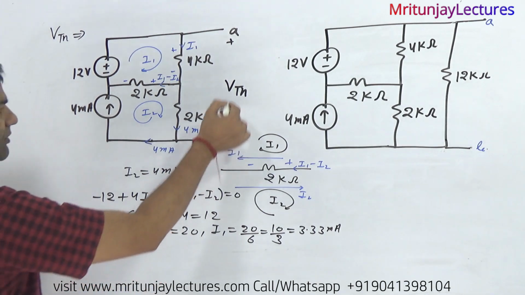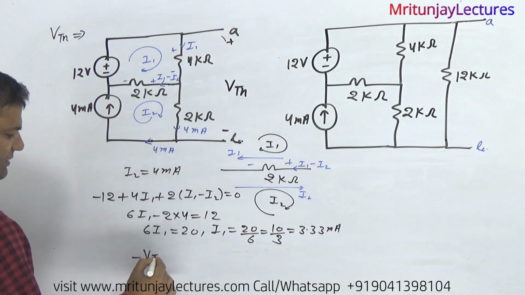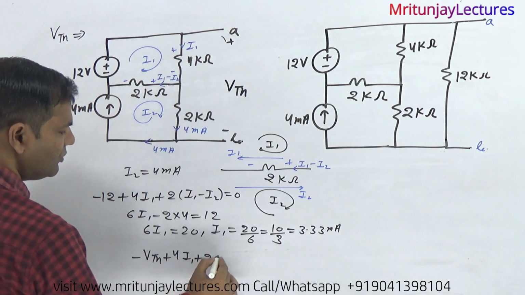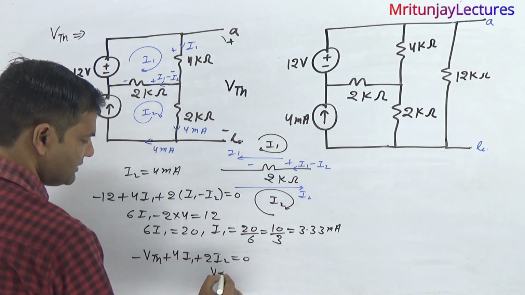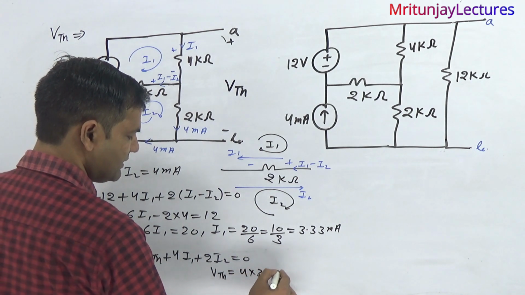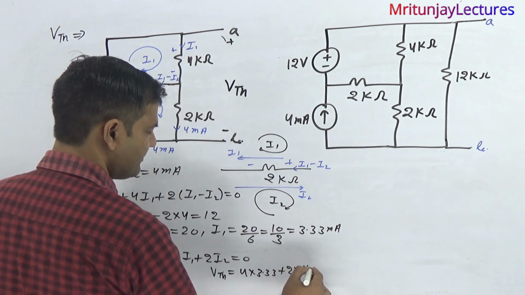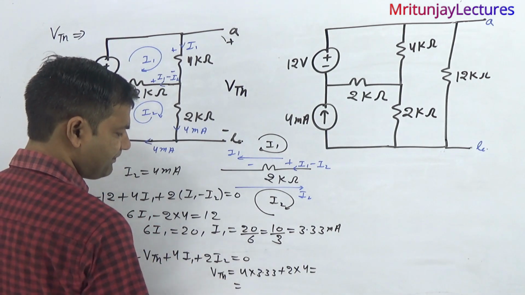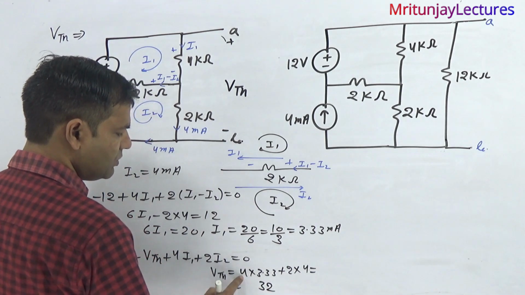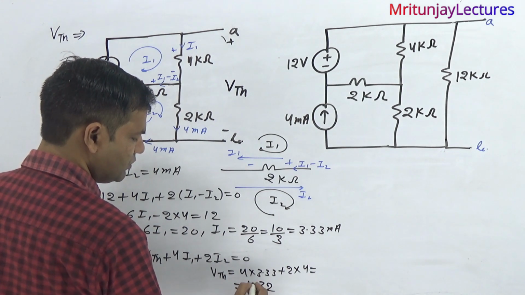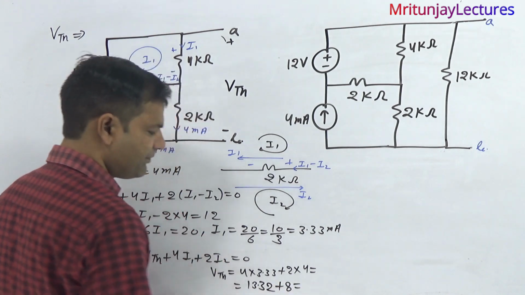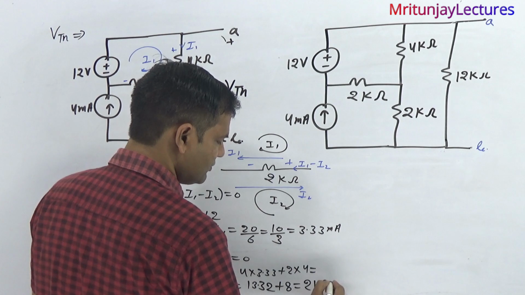Now the next target is to follow this path: minus VTH plus 4 I1 plus 2 I2 equals 0. So VTH is 4 into I1, 4 into 3.33, plus 2 into I2, where I2 is 4. So finally, 13.32 plus 8 equals 21.32 volt.